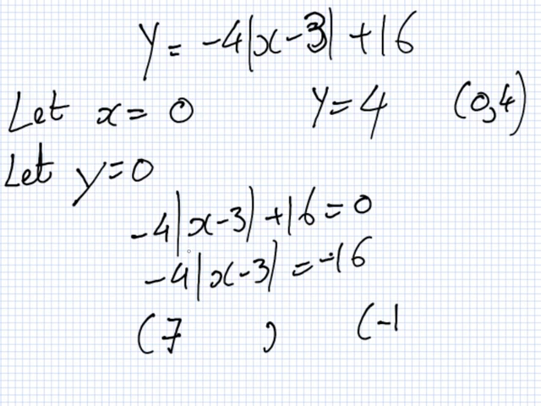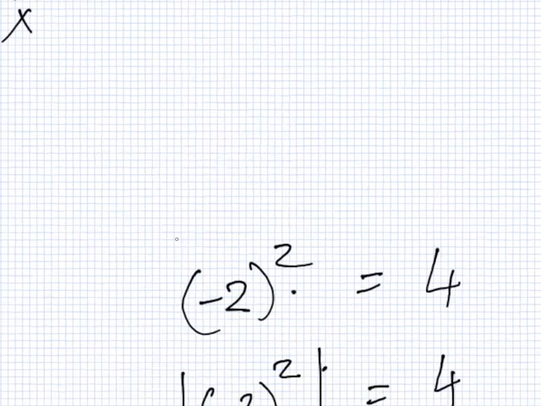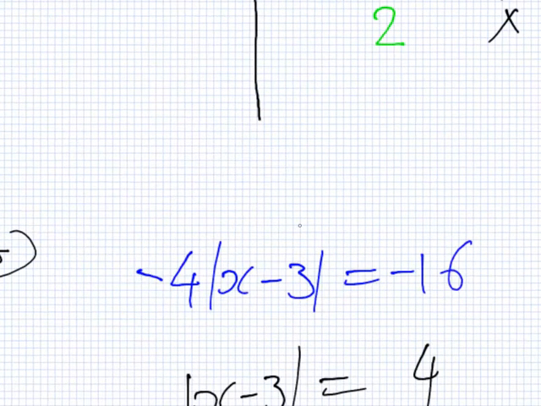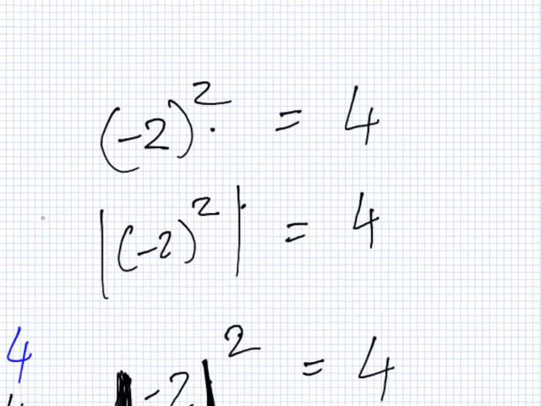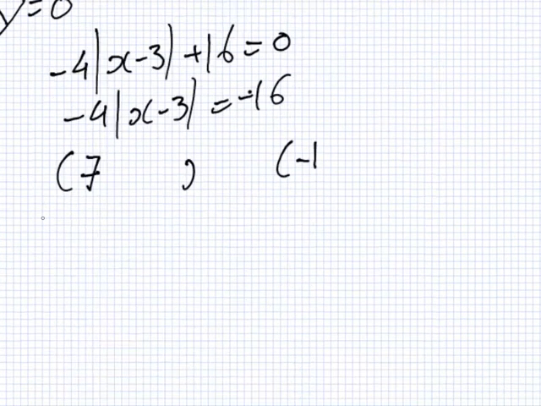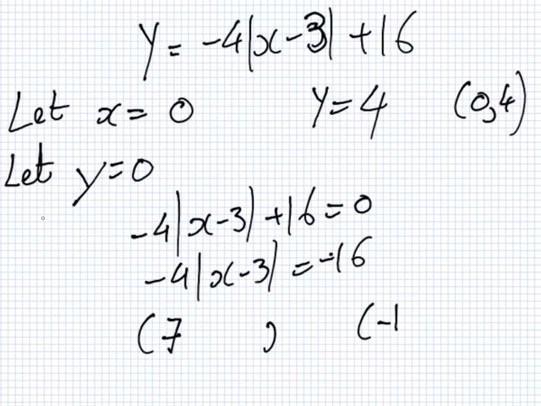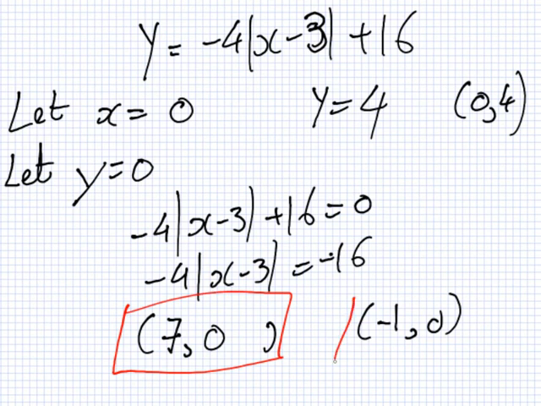Divide minus 16 by minus 4 and you get 4, which is exactly what you did 60 seconds ago. Same thing. So what are the y's here? 0 and 0. So far so good. We have 3 points: minus 1, 0, and 7, 0.